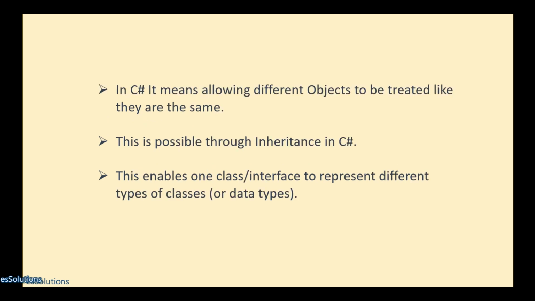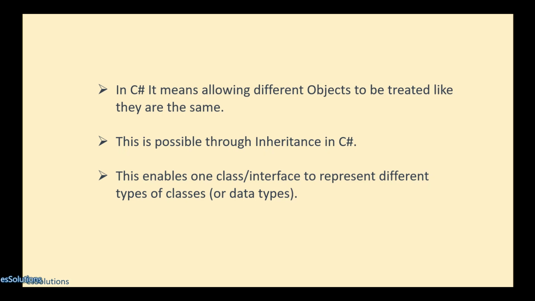In the context of C#, it means allowing different objects to be treated the same way, meaning that one object can be represented in many ways, and this is only achievable because we have inheritance. If you are not clear about what inheritance is, probably you didn't watch our last video, and I strongly encourage you to go back and watch it.